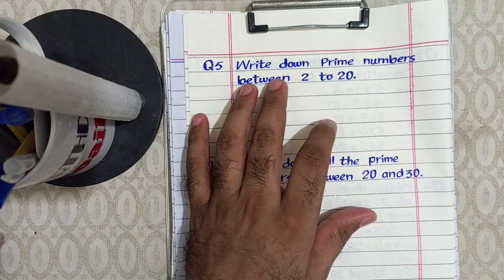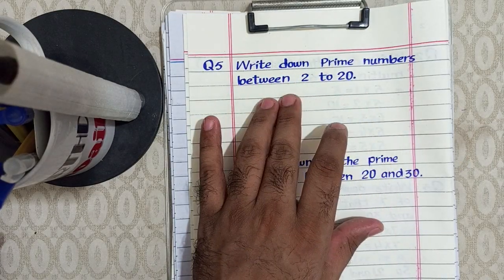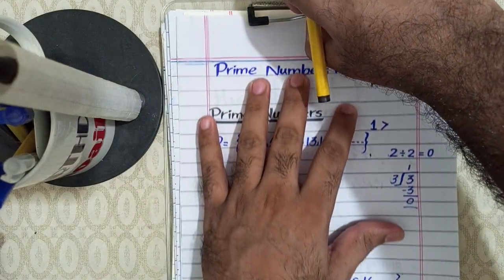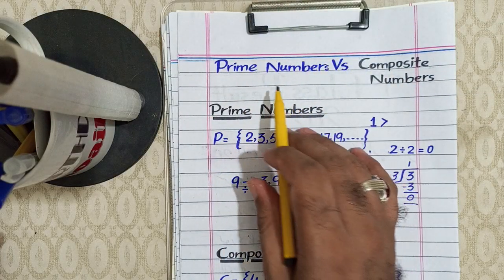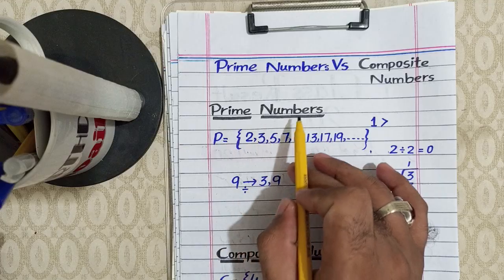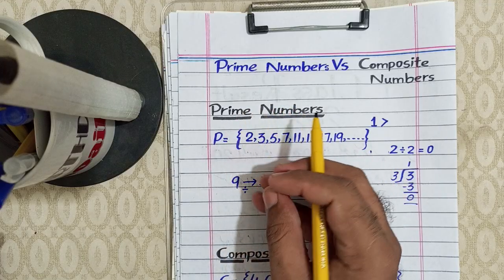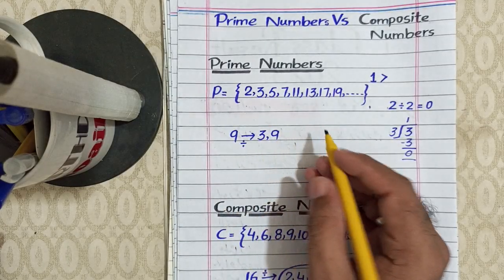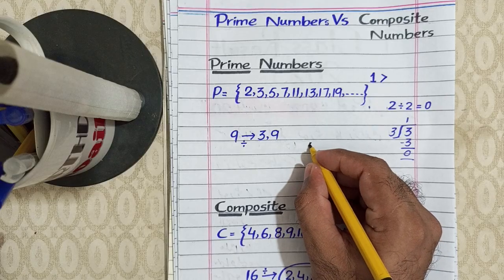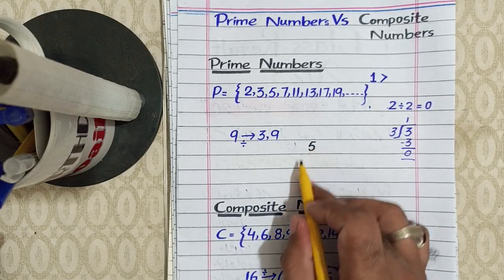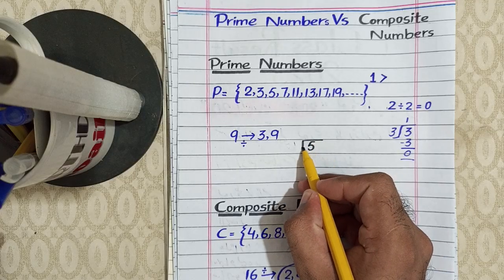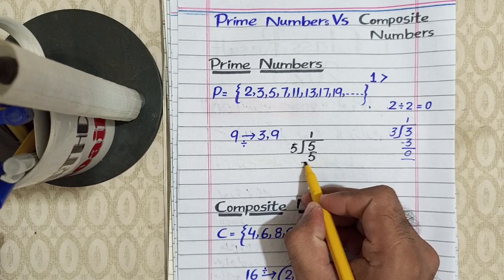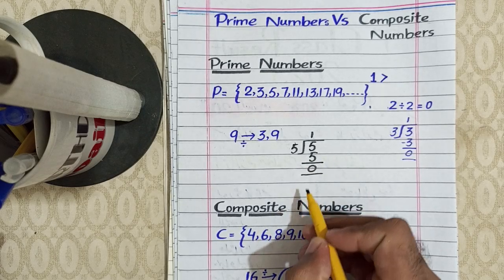Now our next question 5. Write down prime numbers between 2 and 20. So first of all, what is a prime number? Prime numbers and composite numbers. Prime numbers are those numbers which are divisible by only themselves. For example, we have 5. 5 is a prime number because 5 is divisible by 5 with remainder 0.